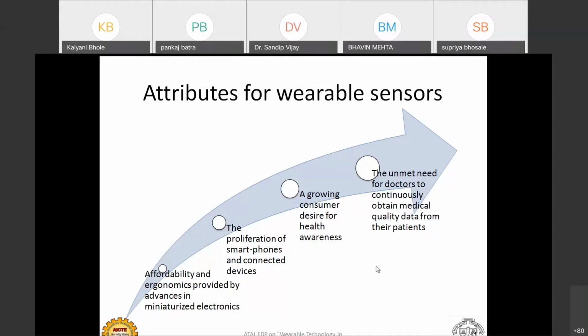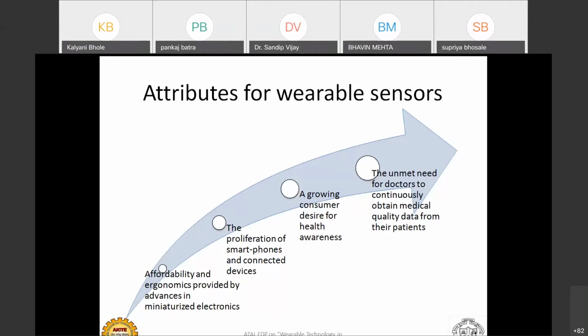So this advancement in miniaturized electronics has given us one scope for the development of wearable sensors. Another thing is the proliferation of smartphones and connected devices.